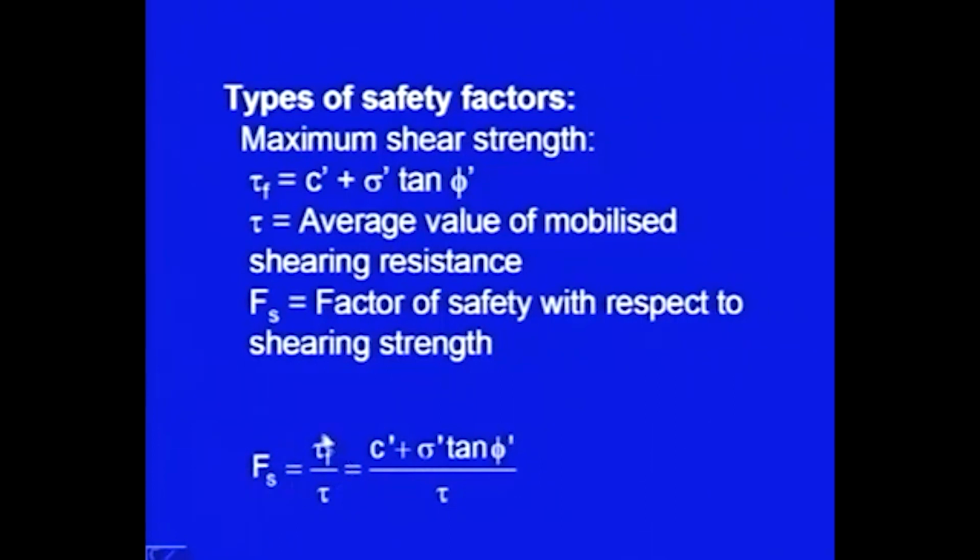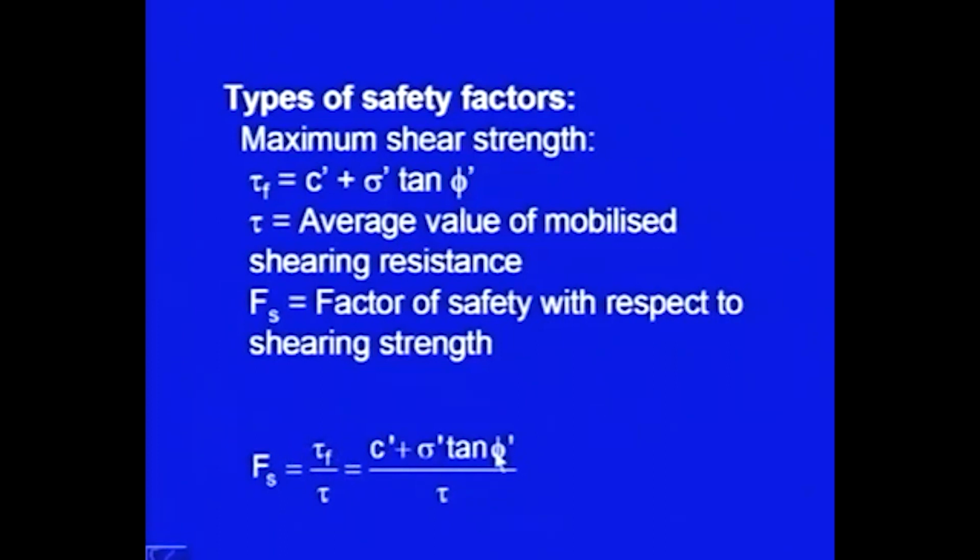This will be equal to the ratio of maximum available shear strength, which is the maximum available value of this strength, and tau. Tau is the average value of mobilized shearing resistance, or you can say what is being acted upon there. So, this is the shear stress which is acting, this is the shear stress which is available.